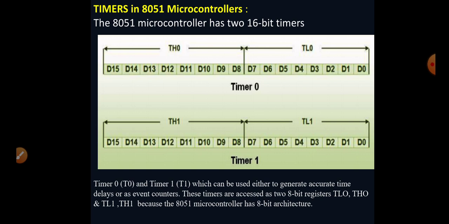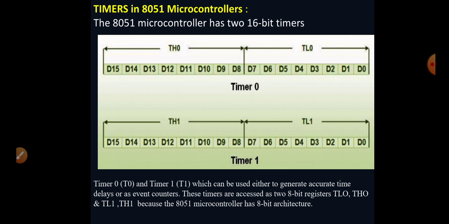So timers in 8051. The 8051 has two 16-bit timers labeled T0 and T1, that is timer 0 and timer 1, which can be used to generate accurate time delays, or they can be used as an event counter. These timers are accessed as two 8-bit registers: TL0, TH0, TL1, and TH1.